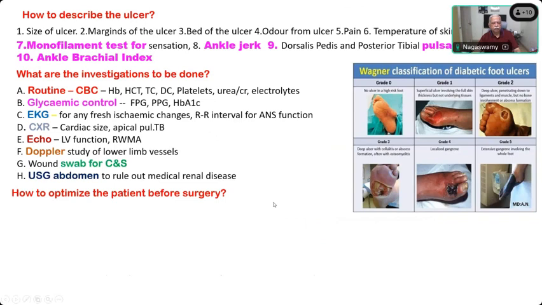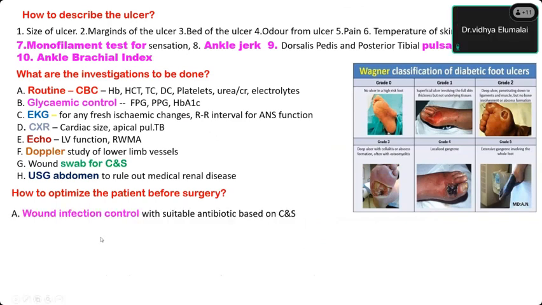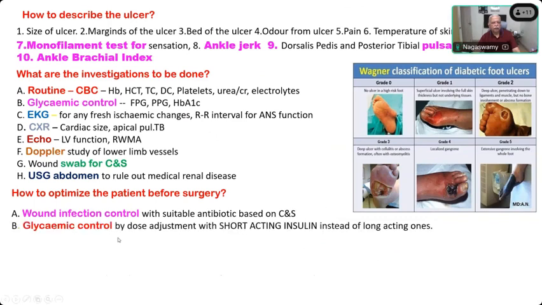How do you optimize the patient before surgery? Glycemic control with the help of insulin. Control of infection with suitable antibiotic. Of course, most of the time the surgeons do that, but we have to know what antibiotic the patient is receiving. Then glycemic control by switching over to short-acting insulin, especially if the patient is on long-acting insulins, you have to switch over to short-acting insulins.